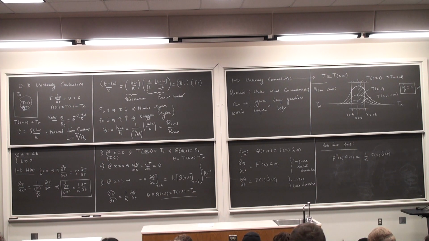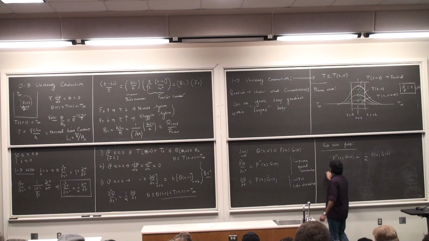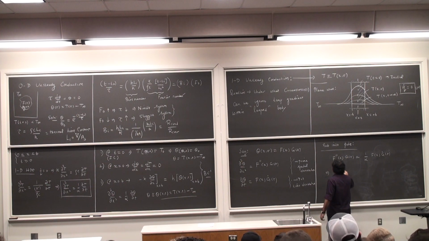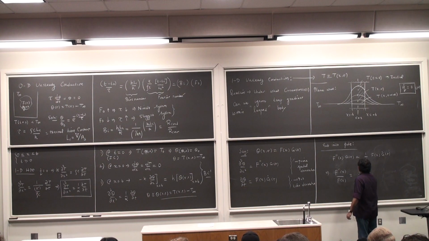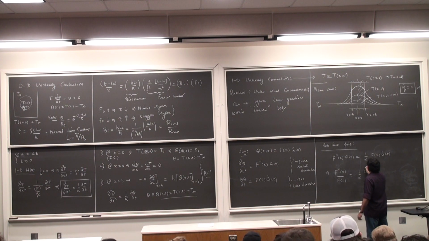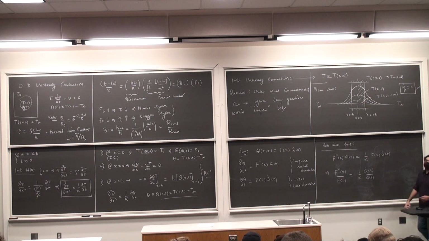Or I can write it in the following manner. F double prime of x by f of x is 1 by alpha g dot of t by g of t.